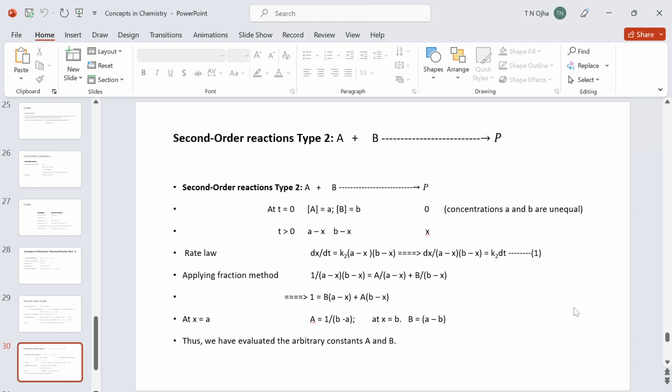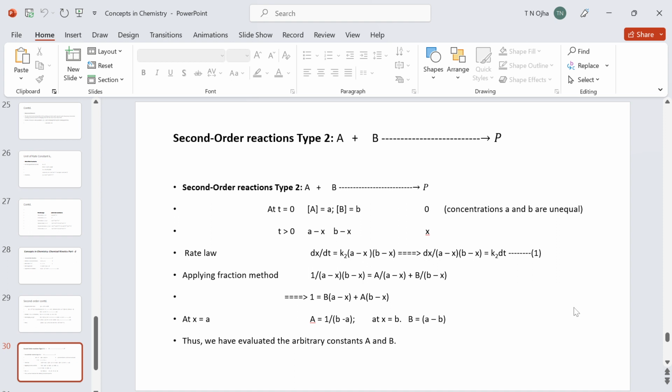So by making few practices, you can easily understand them. Let me brief. dx by dt equal to K2 multiplied by (a minus x)(b minus x). By rearranging, we get dx upon (a minus x)(b minus x) equal to K2 dt.